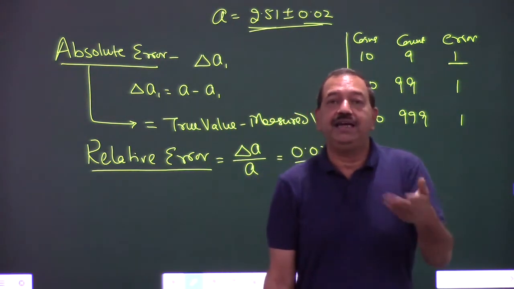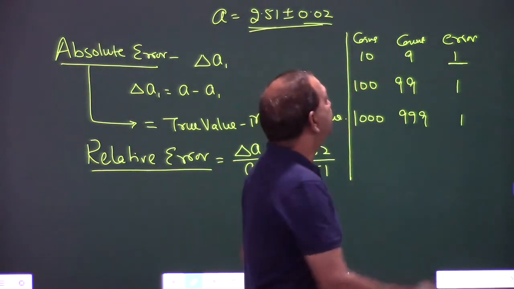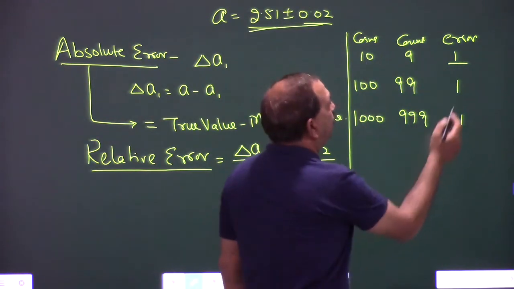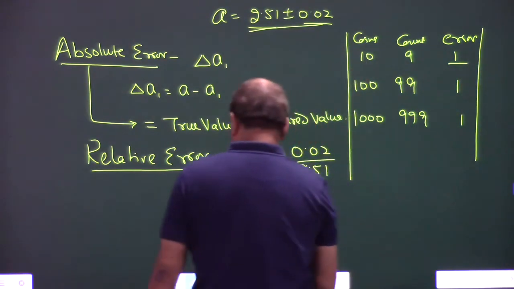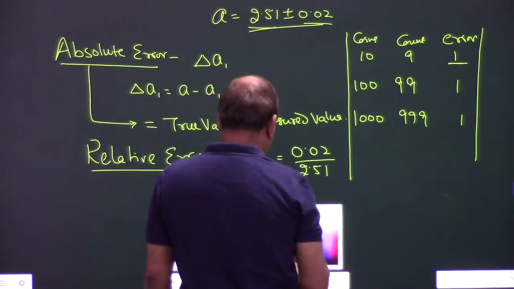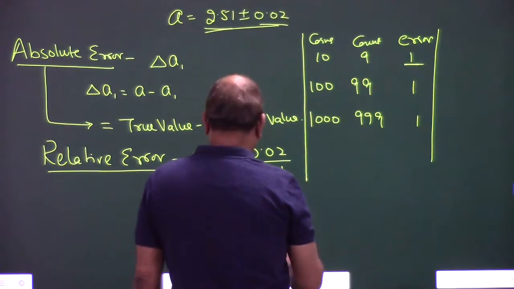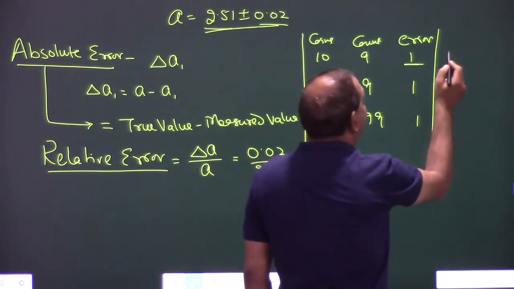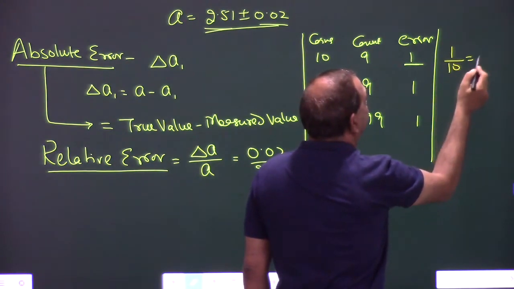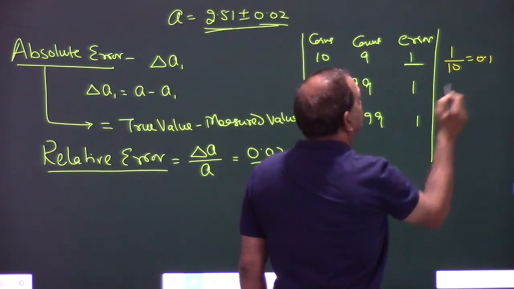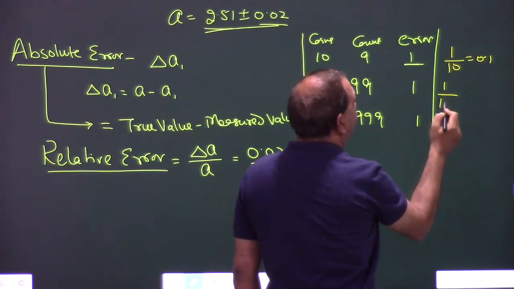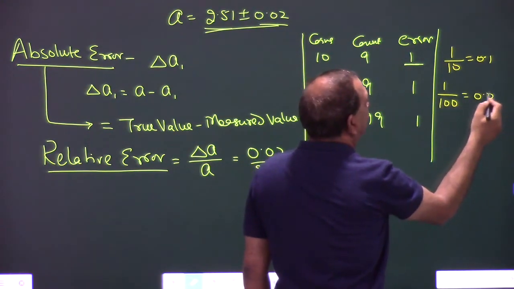But in which case is the error more? If you see, this is 1 out of 10. So the relative error in this case is 1 by 10, that is 0.1. In this case it is 1 by 100, that is 0.01.